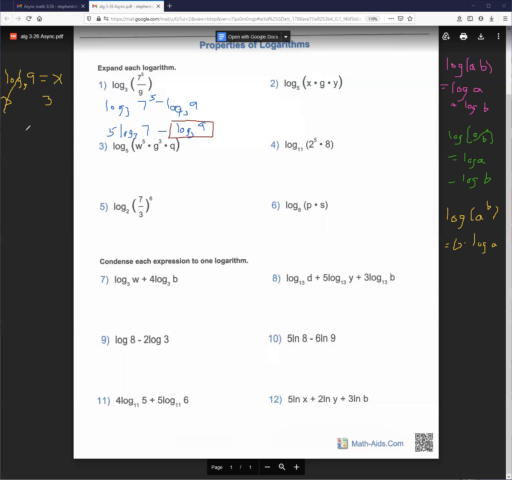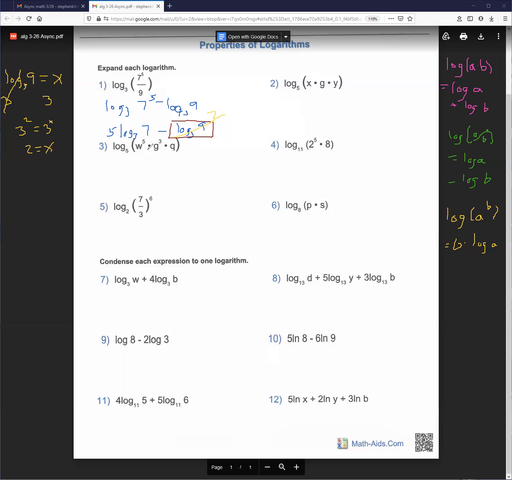These cancel out, and we get 9 equals 3 to the x. Well, 9 is 3 squared. So if we wanted to, we could write log base 3 of 9 as 2. The instructions don't specifically call for that, but because we can do it, we probably should.